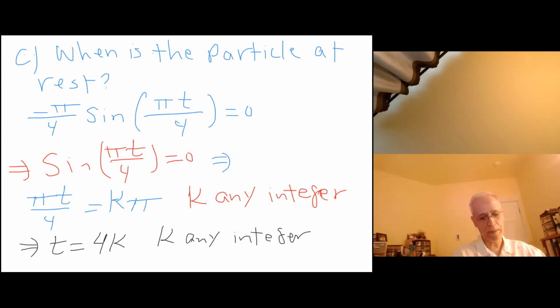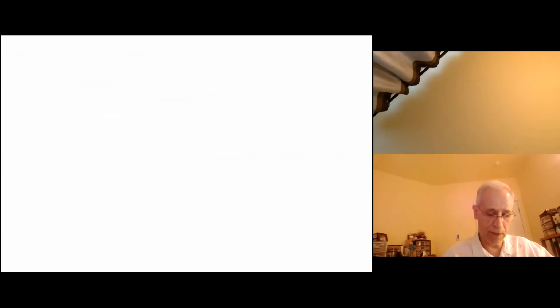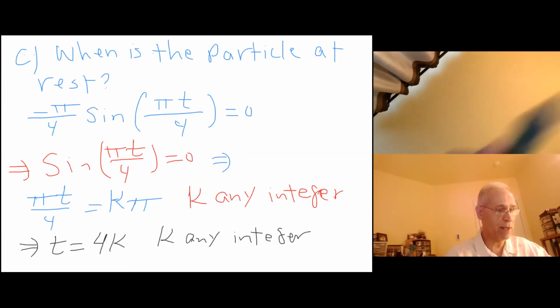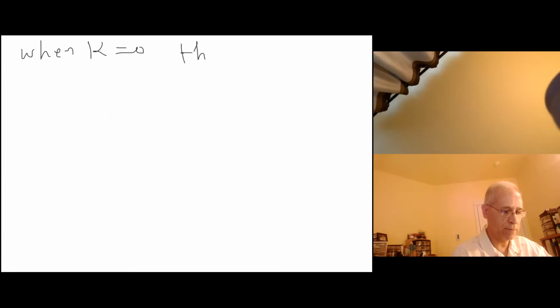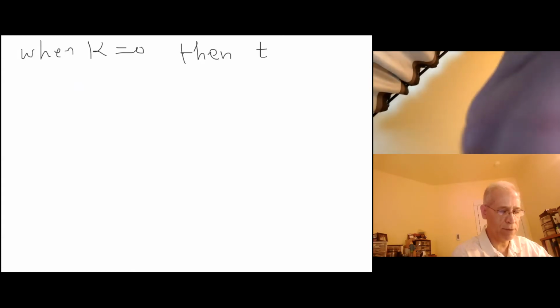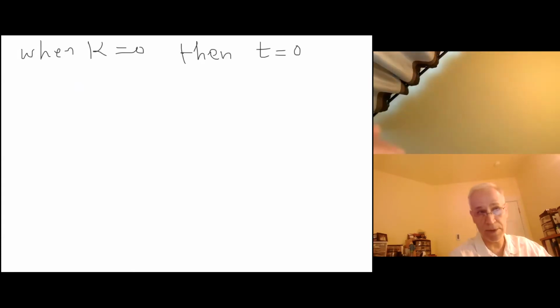All right. Remember that we are looking for the places when t is between 0 and 10. When k equals 0, then t equals 0, because 0 times anything is 0.